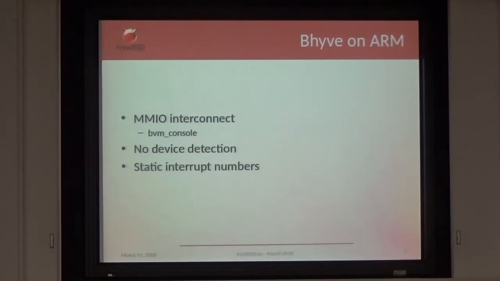We have used the BVM console to debug the system in its early stages, but MMIO does not allow for automatic device detection, and we will have to statically assign the interrupt numbers of each device.